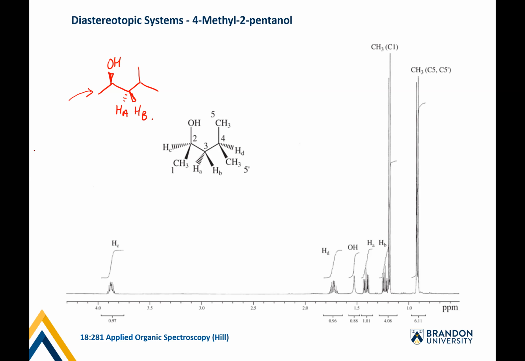CH3, right. They're going to be equivalent, so they're going to appear as the same. Over here, you'll notice that they're a doublet, right? A really fine doublet. That's because they're coupled to this proton right here. So it's a doublet due to coupling. And we've got C5 and C5 prime. They both come out as doublets, and they integrate to 6H, 3H each. Because again, there's a proton right here, which they're coupled to. So one neighbor is going to be a doublet.